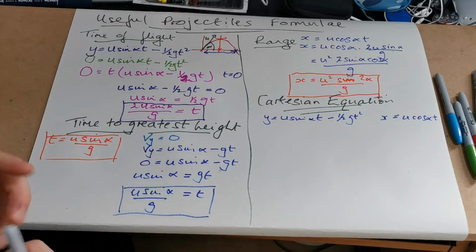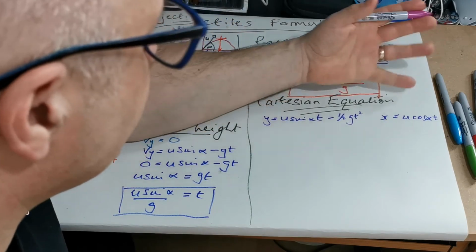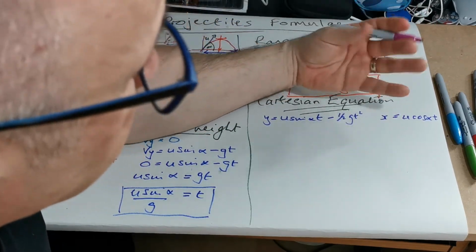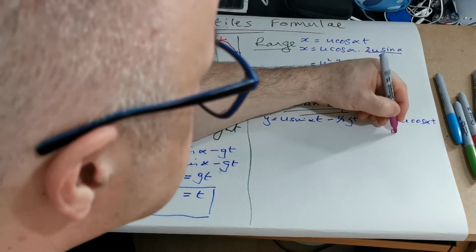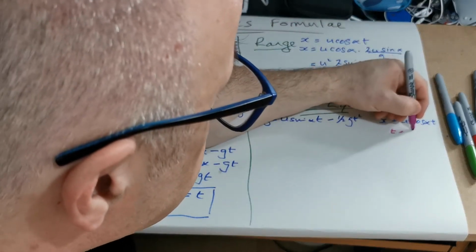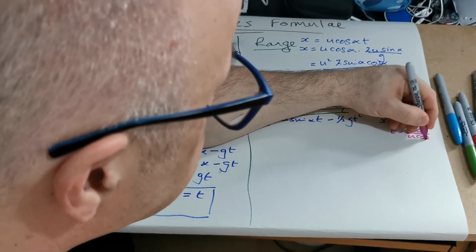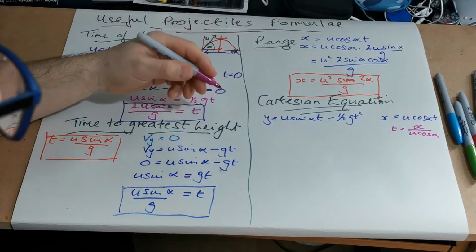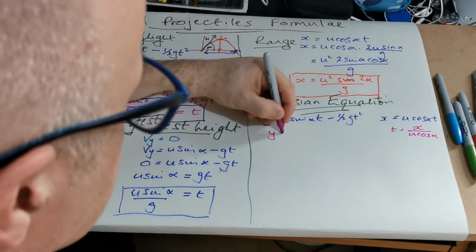So if we can remove that parameter, that would make us much more helpful, I suppose. You'll have to see when you see the formula. But rearranging this, I get t is equal to x over u cos alpha.